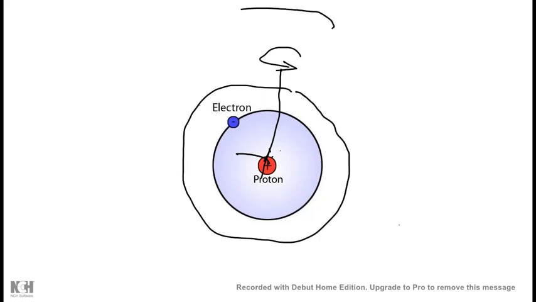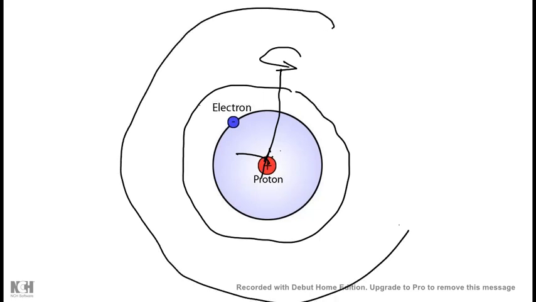Now don't forget that we're still out here measuring this. We're still on this boundary, and there's still 13.6 electron volts between there and there.